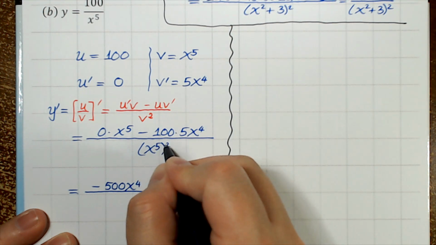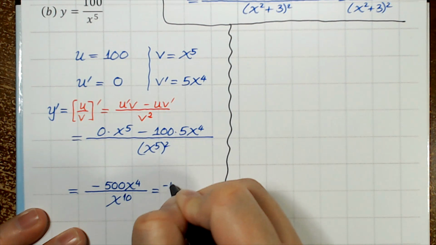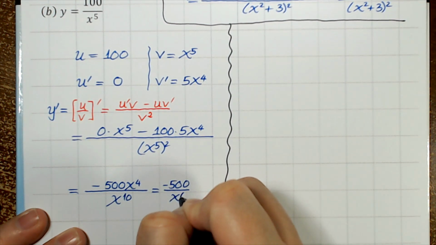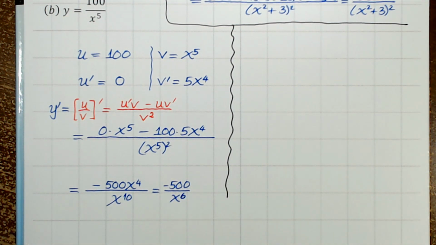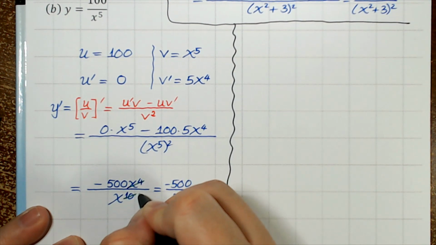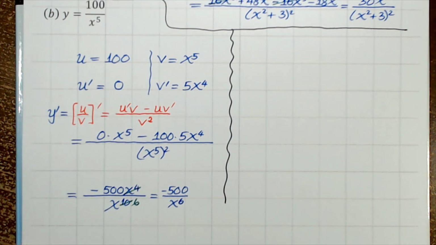We will multiply the powers, so that gives us x to the 10, so we have negative 500 x to the 6. When we cancel x to the fourth, we cancel 4 of them, we have 6 left. Right, so that is where we use the quotient rule.